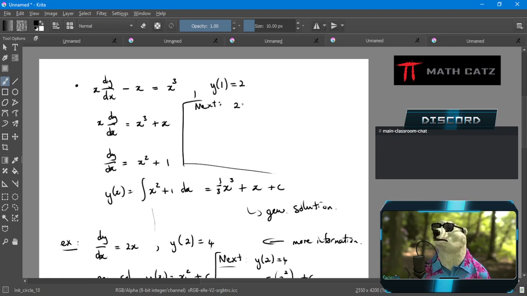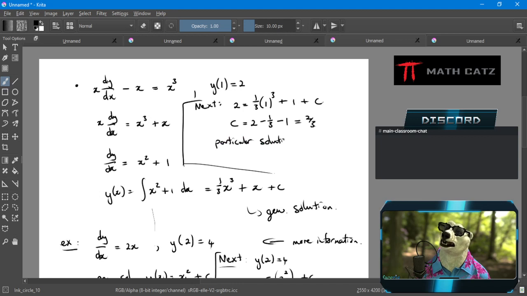I plug it in, so 2 for y, 1/3, 1 for x, so 1 cubed here, plus 1 plus c. So that means c is equal to 2 minus a third minus 1, so that'll be 2/3. So my particular solution is y equals 1/3 x cubed plus x plus 2/3.